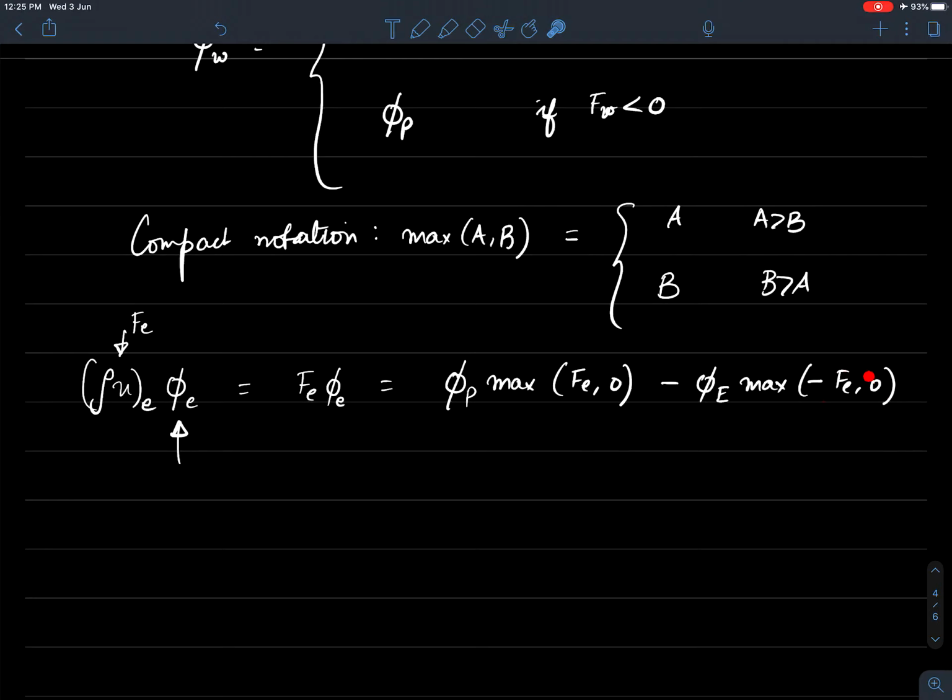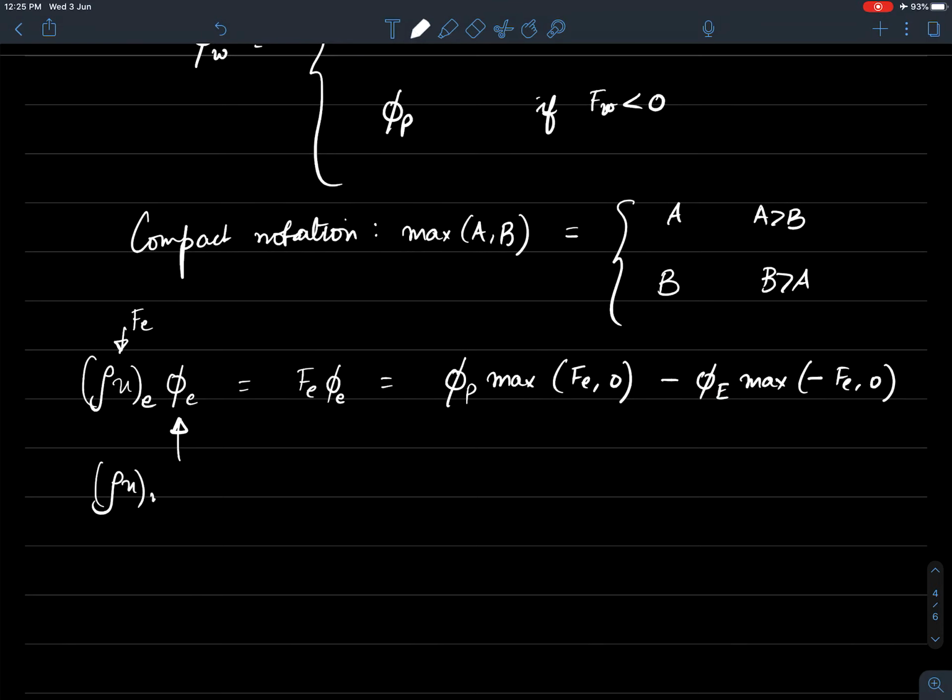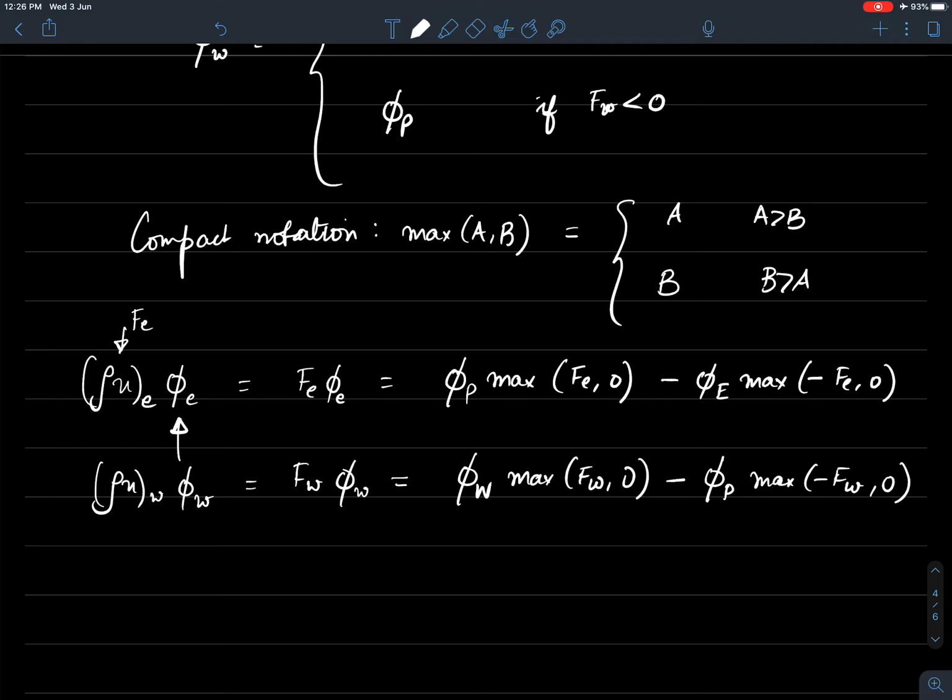Similarly, if fe was negative, then minus fe becomes a positive number, and so minus fe comes out. You have plus fe into phi e, and the other term becomes 0. In a similar way, I could also write rho u w phi w, which is fw phi w, as phi w into max of fw comma 0 minus phi p into max of minus fw comma 0.